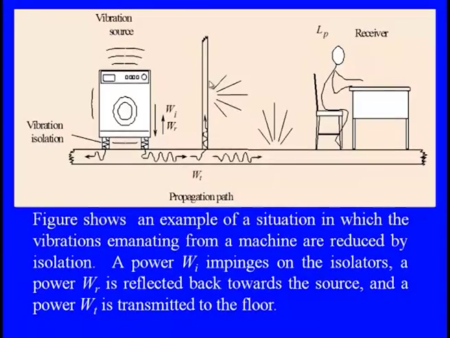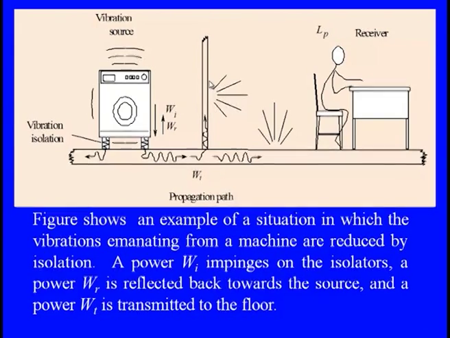When these sound energies or the vibration approach, they are already being absorbed by the spring or the damper or these structural devices which are obstructing the path of the sound wave propagation. So if the power Wi is impinging on the isolator, a power Wr is reflected.